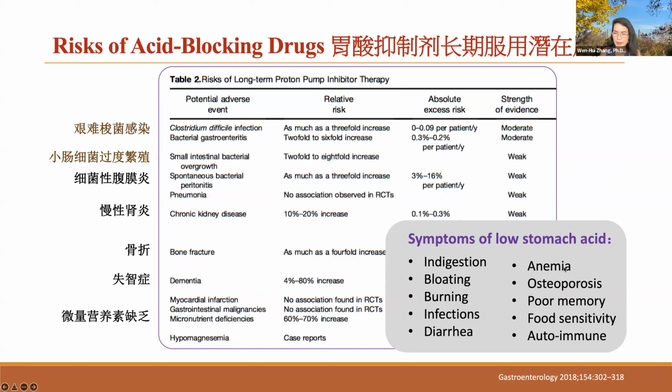Diarrhea and anemia could be due to poor absorption of minerals like iron, and also poor absorption of vitamin B12. Vitamin B12 deficiency can also cause anemia. And osteoporosis, when we don't have enough calcium intake, and poor memory, food sensitivity, and autoimmune issues.